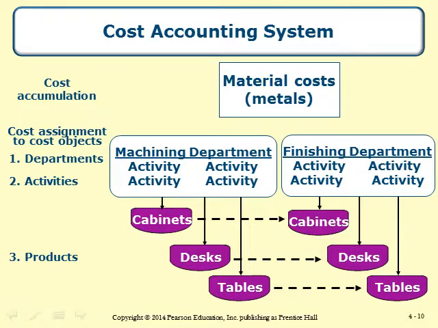The total material cost of a particular product is the sum of the material cost assigned to it in the various departments. For example, the cost of a finished desk would include the metal top, the sides, the legs produced by the various activities in the machining department, and the bolts, brackets, screws, drawers, handles, and knobs pieced together by the finishing department activities.